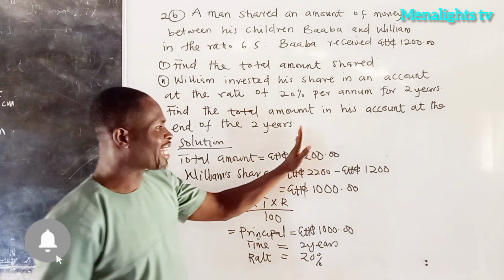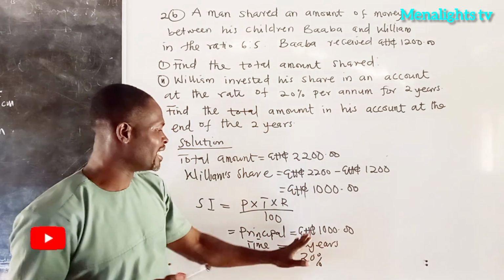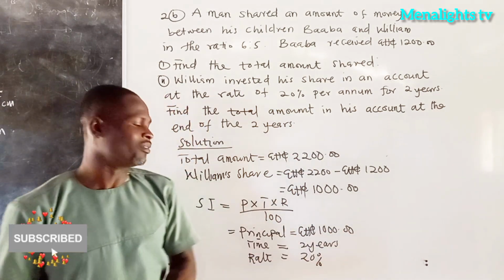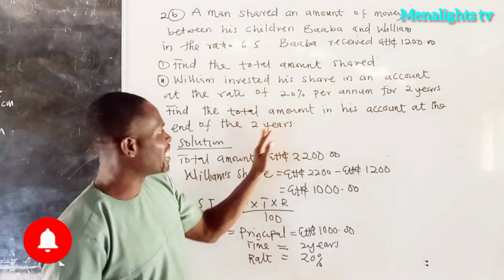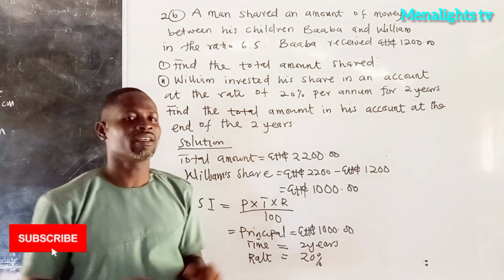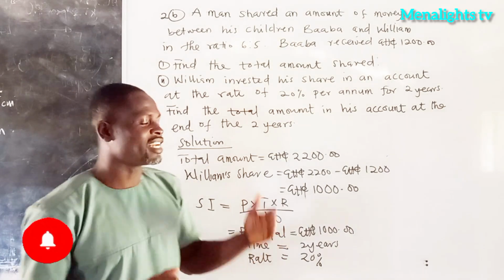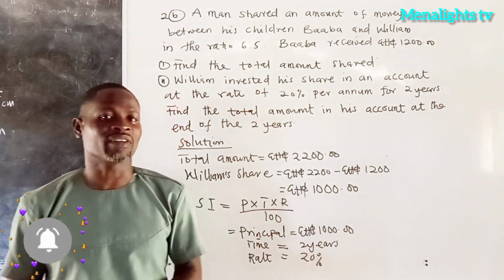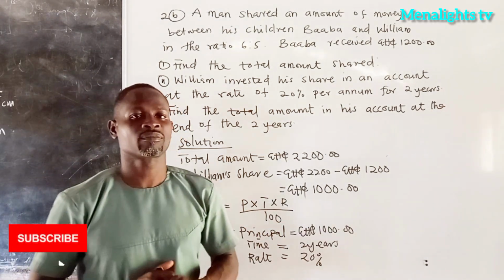So the 1,000 that he's investing is the principal. The time that the money will be there is what? 2 years, and then the rate is 20%. Now we are going to find the interest as well as the amount that William will receive.